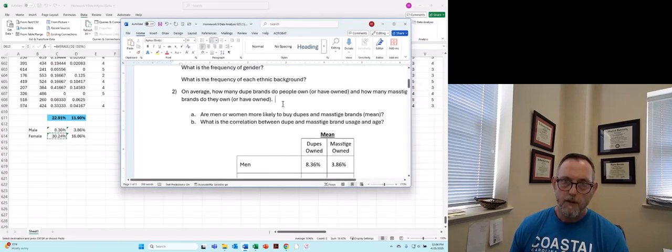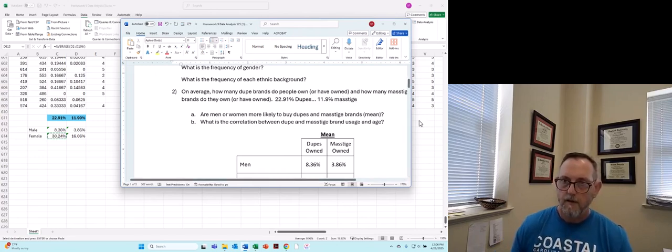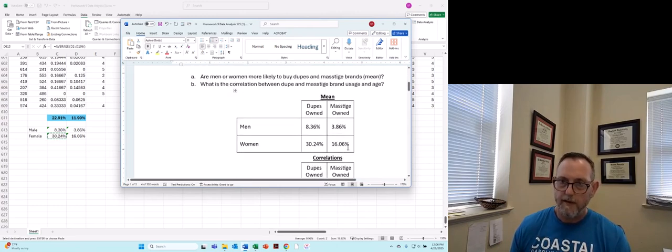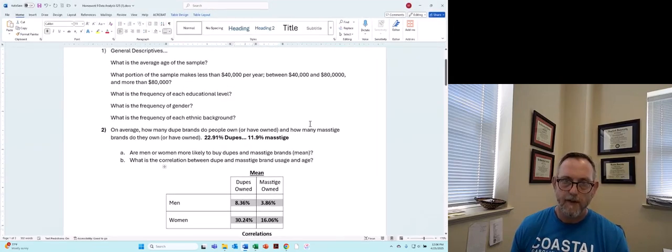It's a big number. And we can put 22.91% up here for dupes, and we have 11.9% for masstige. And I'm going to bold it just to make it a little easier to see.